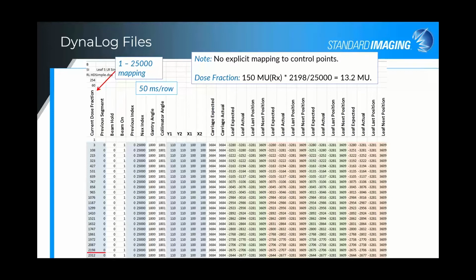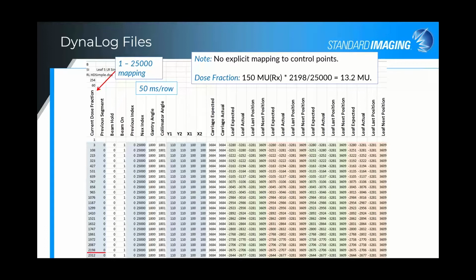And then here along the left column is the current dose fraction, which is mapped from 1 to 25,000. And note there's no explicit mapping to the control points. So what we have to do in Dynalog files is, the prescription is 150 monitor units.